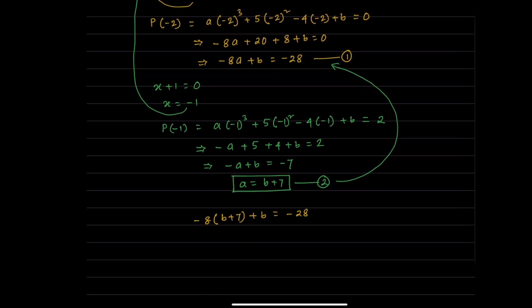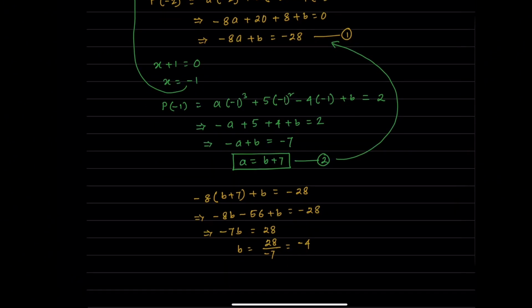From here we easily get minus 8b minus 56 plus b equals minus 28, then minus 7b equals, if you take 56 this side, positive 28, so b equals 28 divided by minus 7, that will be b equals minus 4.